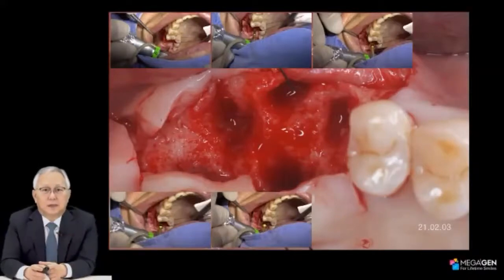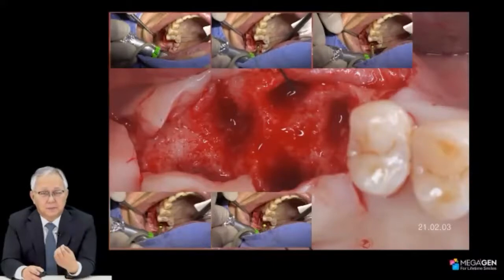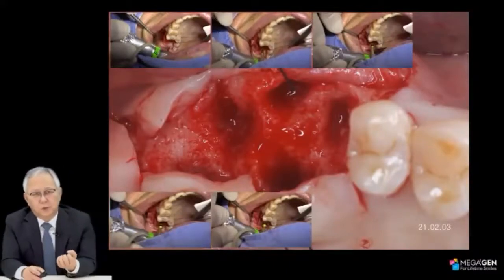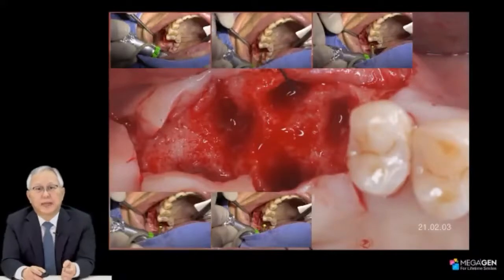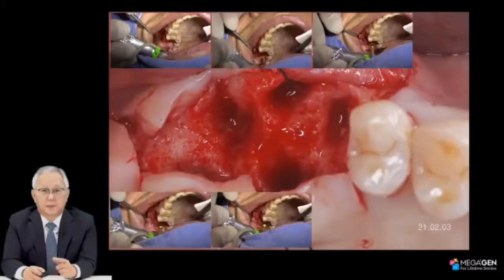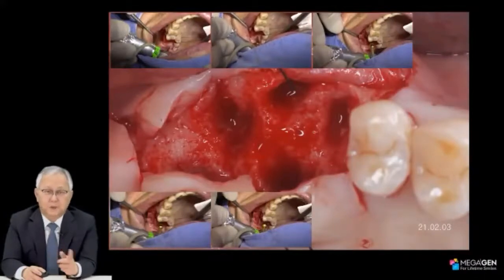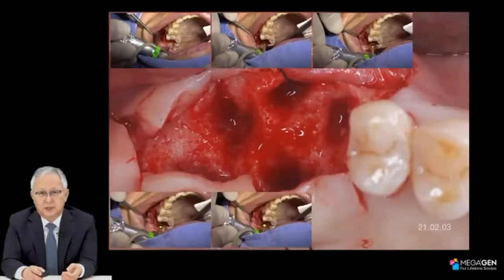Then for the next drill, I usually use counterclockwise to expand the bone and, at the same time, to make auto bone regeneration, auto bone grafting into the sinus area, step by step, same mode. I'm using 1000 RPM counterclockwise with copious saline irrigation.